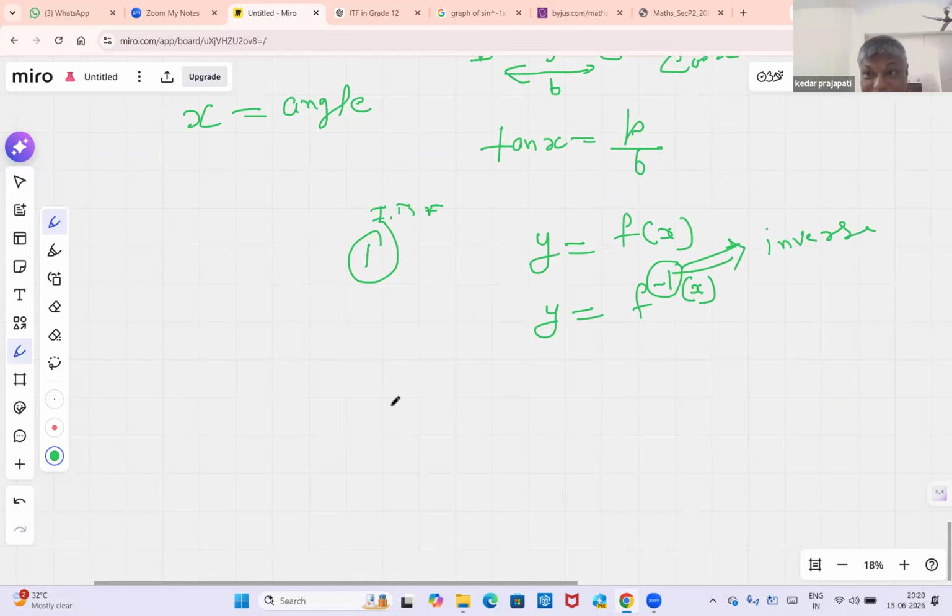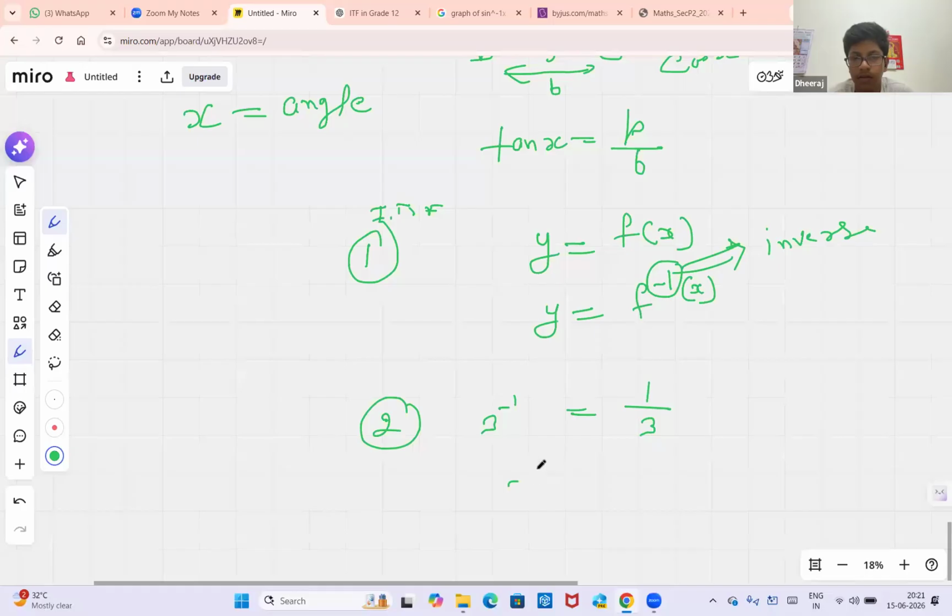Okay. So now, I'll not go to the trigonometric function first. First, let us understand the basics. What is inverse? Okay. So 3 to the power minus 1, this is 3 inverse. This is nothing but 1 by 3. Correct? X to the power minus 1 is 1 by x.